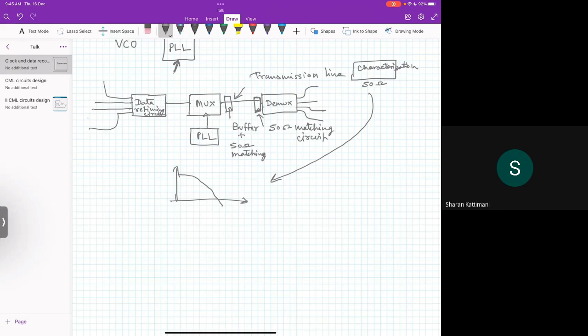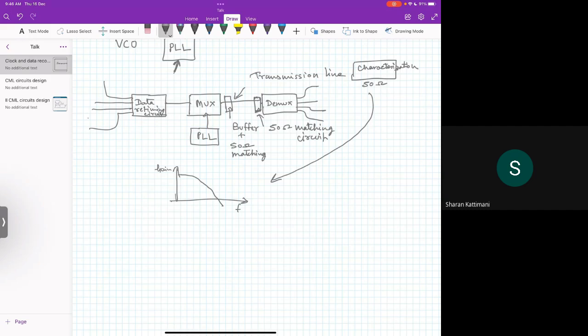So we know that this is the characteristic of the transmission line. What we can do is pre-emphasize the data at the transmitter side.